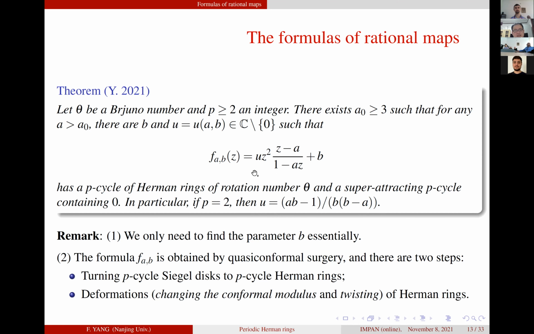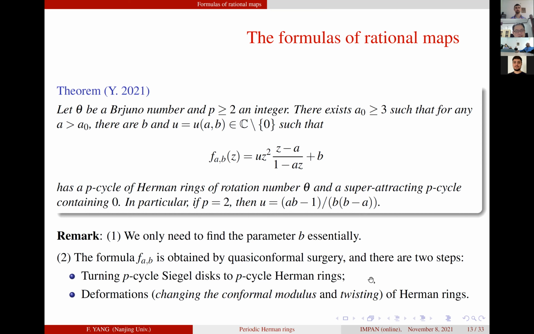And how to find this formula? There are two main steps. The first one is by turning the p-cycle of Siegel disks into p-cycles of Herman rings, and the idea is similar to Shishikura's procedure.